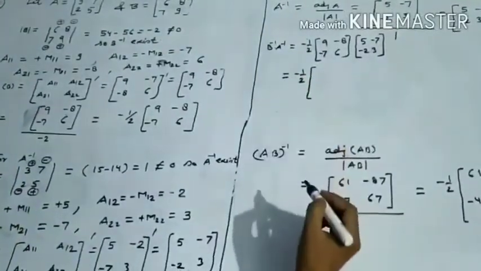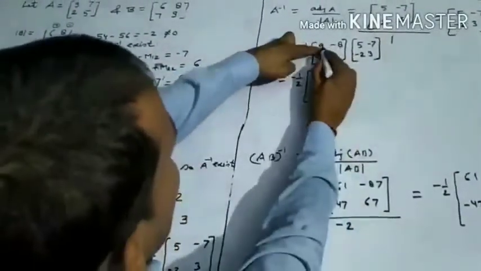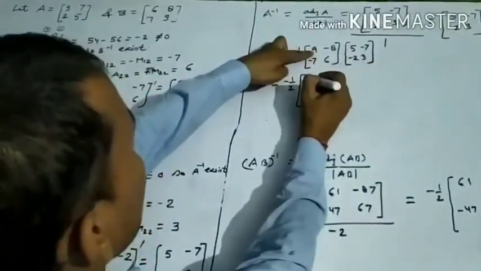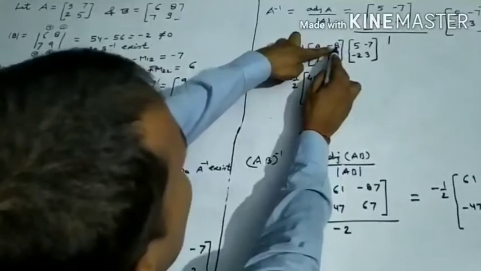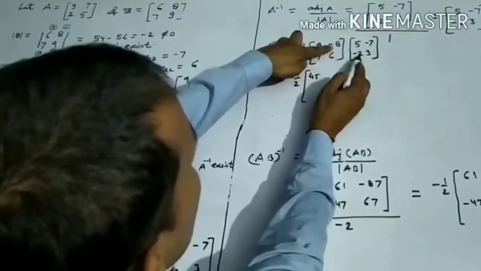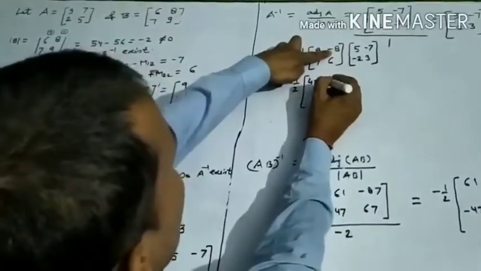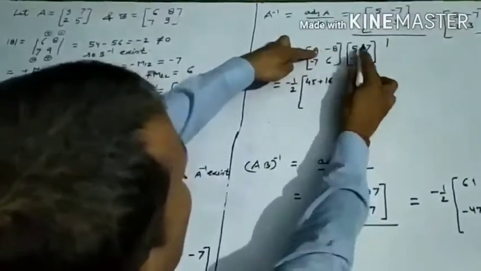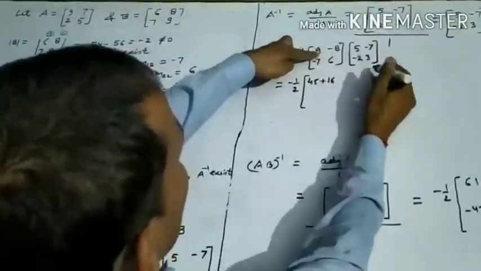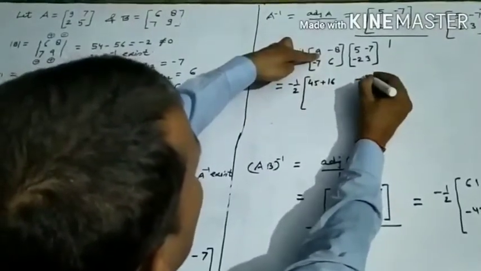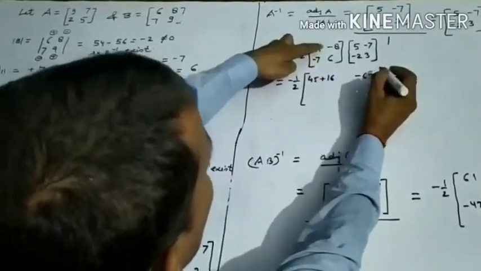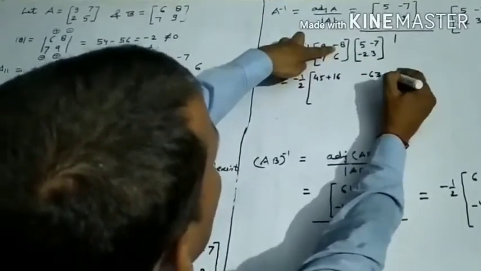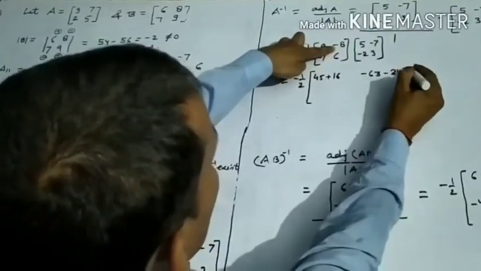So here you have to take the first row and the first column, so this is 9 into 5, which is 45, and then minus 8 into minus 2 becomes plus 16. Then first row and second column: minus 63, and then minus 8 into 3 is minus 24.